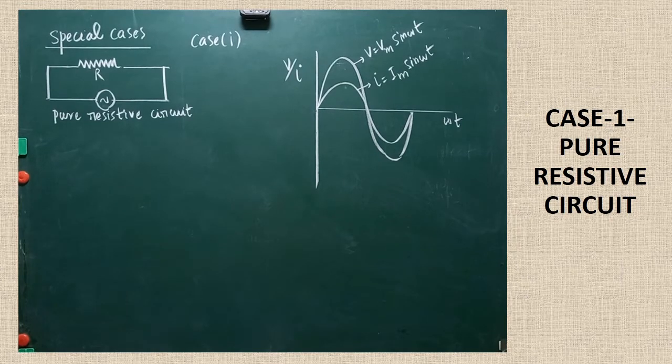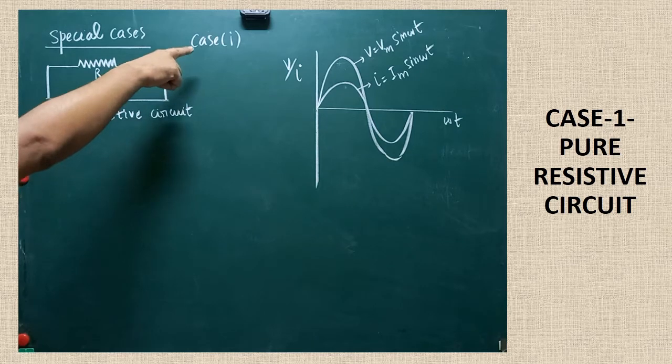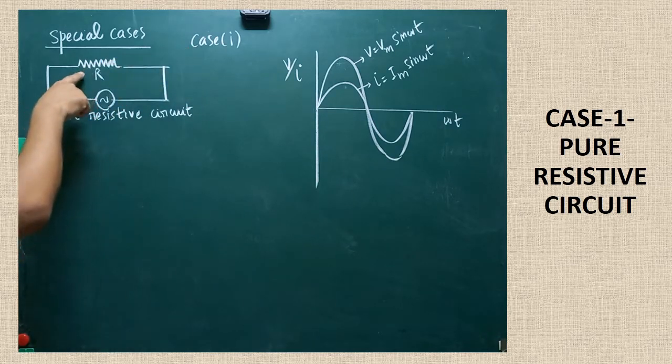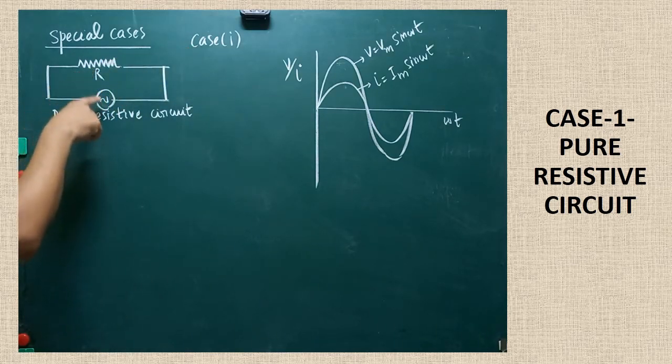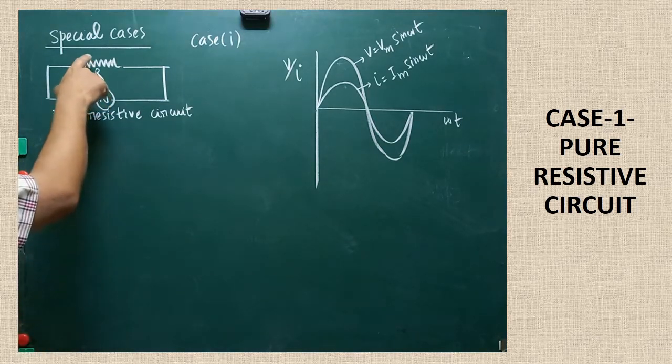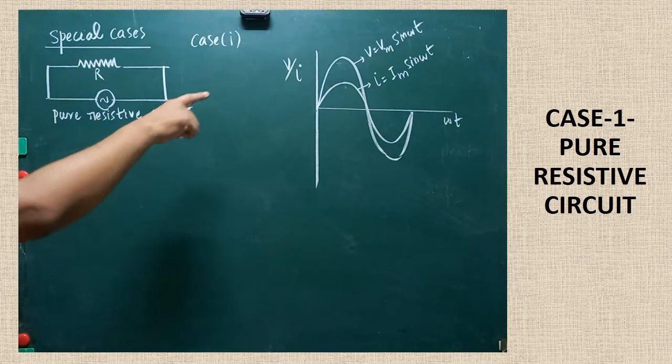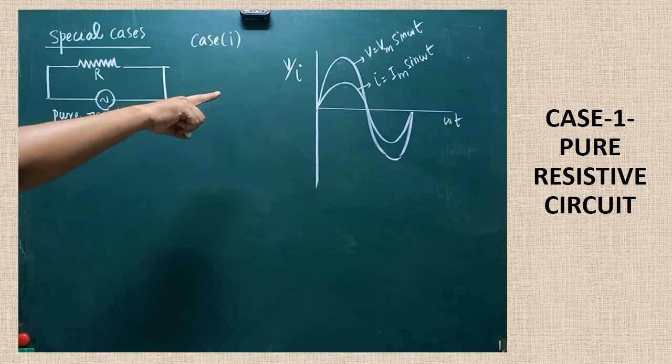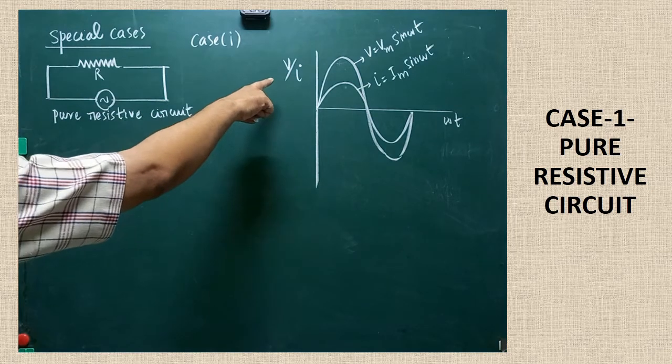Now we are going to learn 4 different cases. In each case, we are going to calculate the average power in 4 different circuits. First, let's take the first case. In this case, a pure resistance is connected with the alternating current voltage source. So when R is connected with the AC, already we have learned that the voltage and current both are in phase.